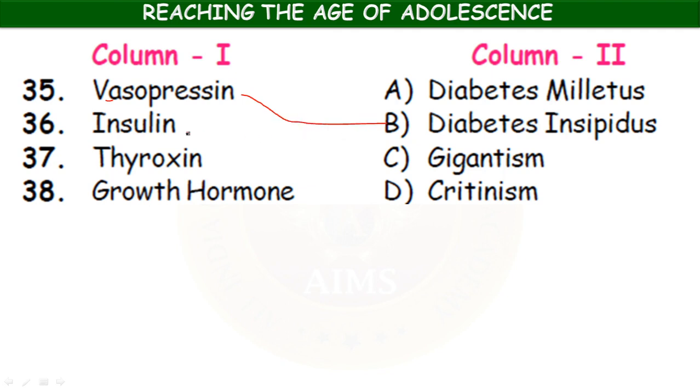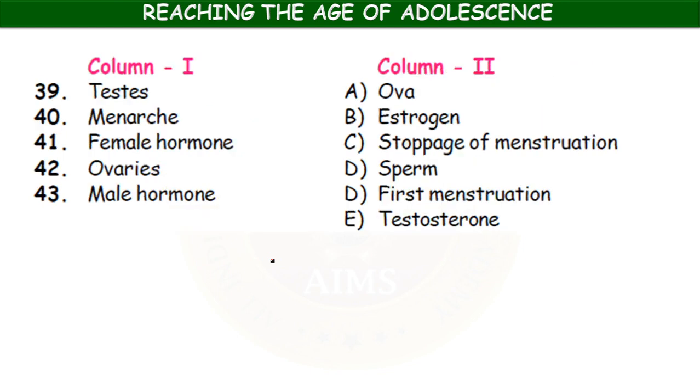Insulin hyposecretion leads to diabetes mellitus. Thyroxine hyposecretion in children leads to cretinism. Oversecretion of growth hormone leads to gigantism, over height. So 35B, 36A, 37D, 38C.